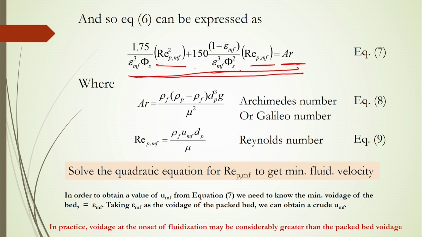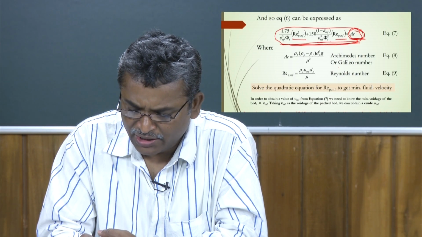So, if we equalize the drag force, calculated from the Ergun equation, with the apparent weight of the bed, then you get a quadratic equation in the Reynolds number at its minimum fluidization condition, where this number is called the Archimedes number, or in some references the Galileo number.